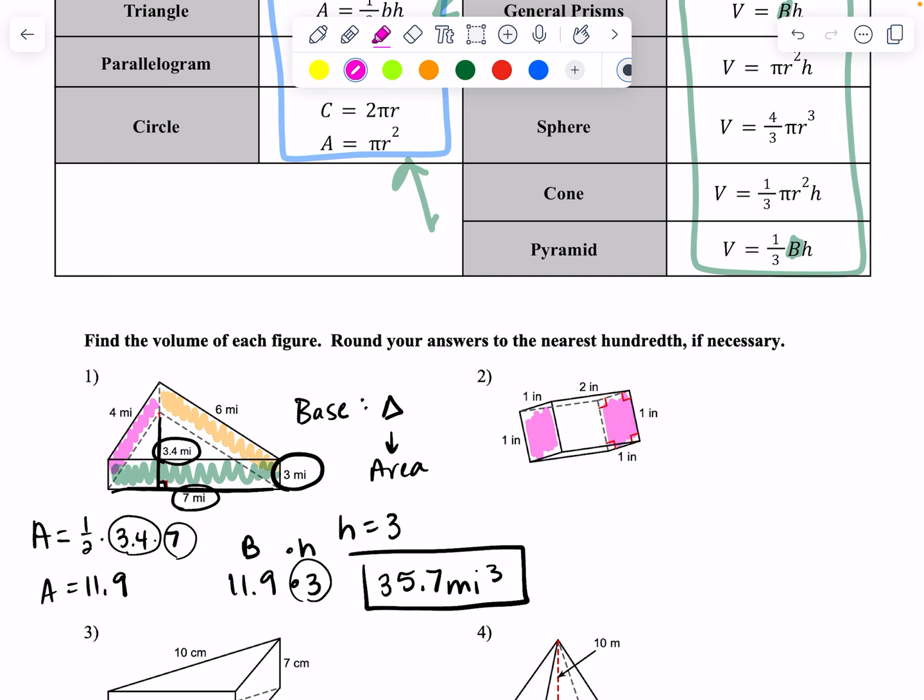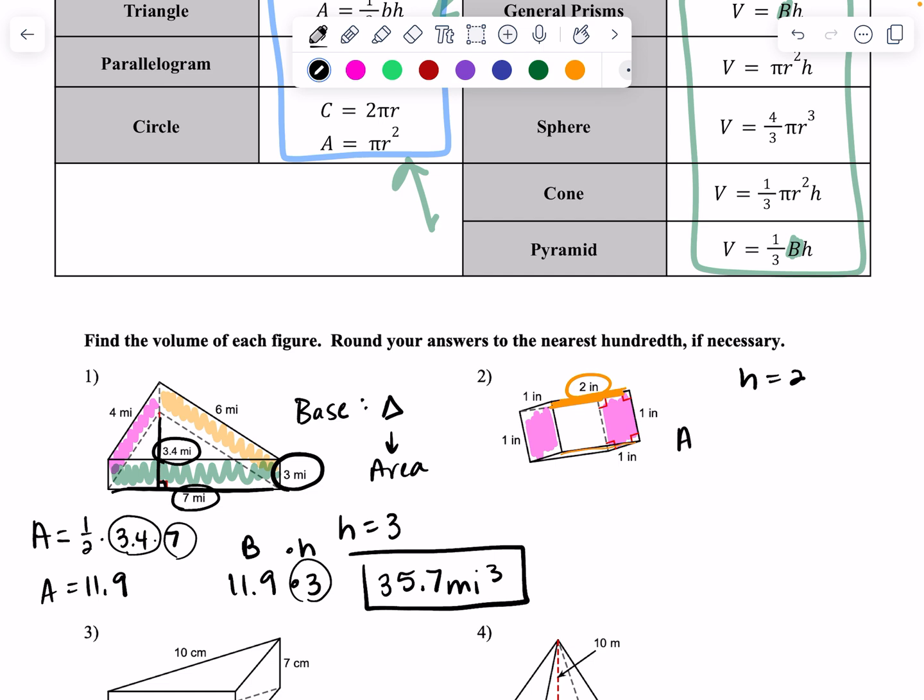So this is a rectangular prism, or a square prism, I should say, actually, because that's a square in the back there. And notice that these rectangles are round. They don't really matter right now. The only thing that really matters is how long this is, which I can see is 2, because that's the height. Okay, so I have a height of 2, the distance between the two pink squares.